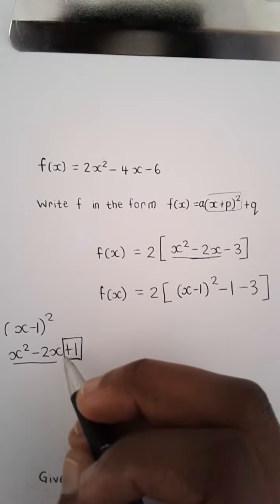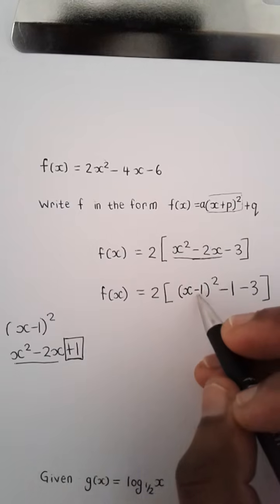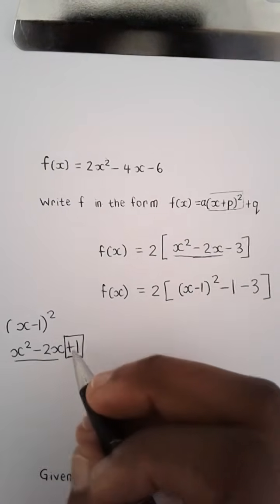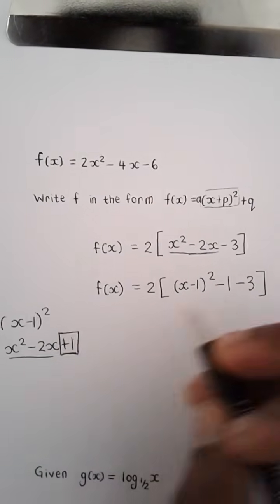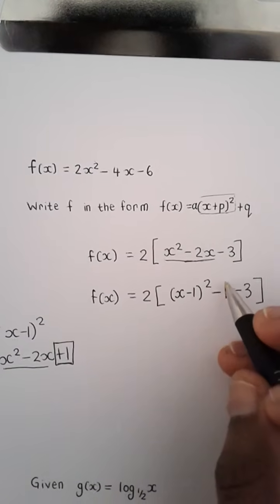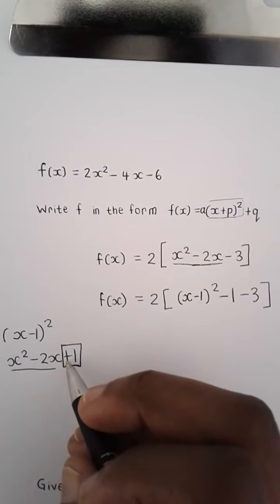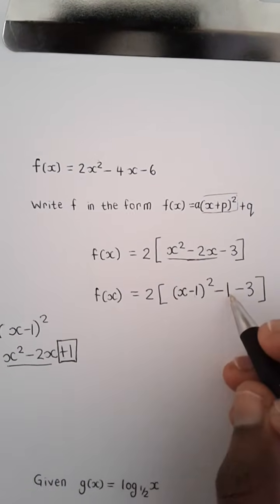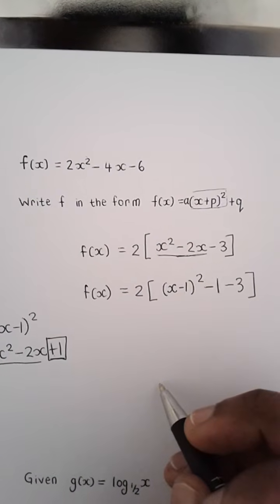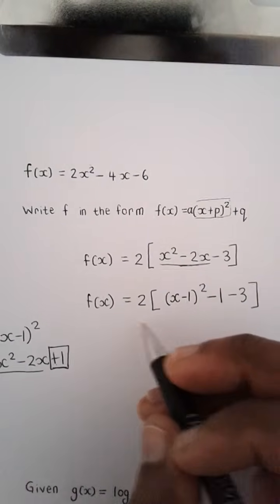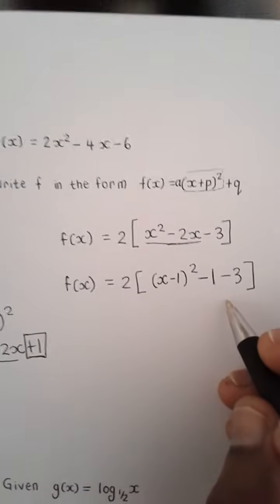So we got the result of squaring negative 1 was a positive 1, so we need to add a negative 1. If we got a negative 1 over here, we would put a positive 1 in our bracket over there, right? Okay, so now we are ready to continue simplifying this.